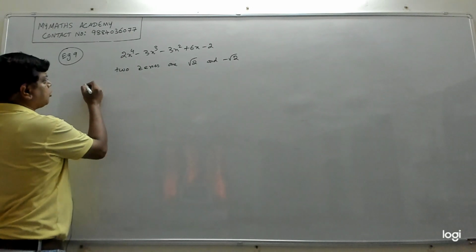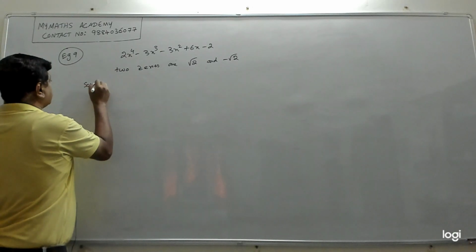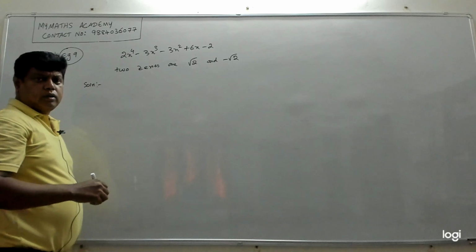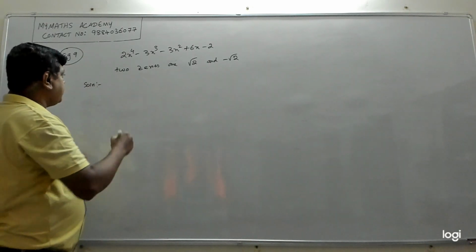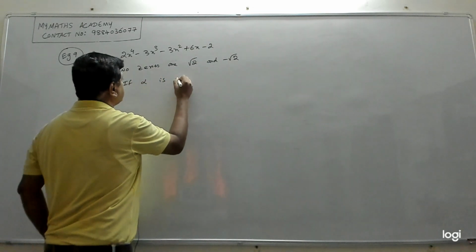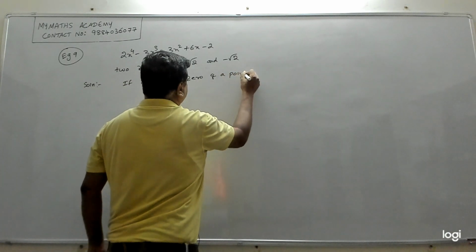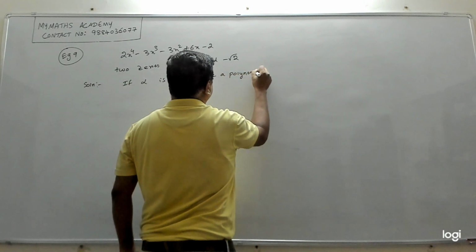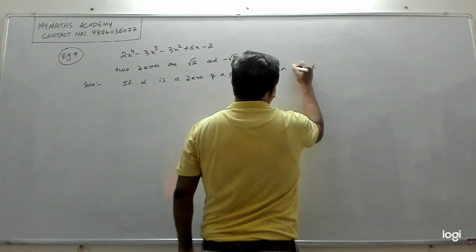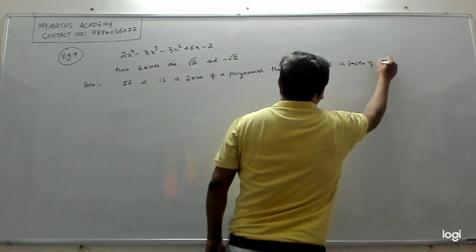Now the solution is that they have given root 2 and minus root 2 are zeros of the polynomial. Whenever alpha is a zero of a polynomial, then we can say x minus alpha is a factor of p of x.